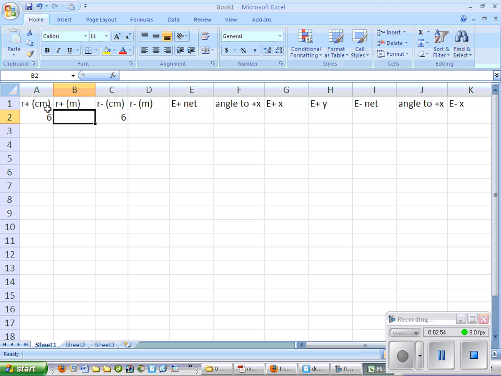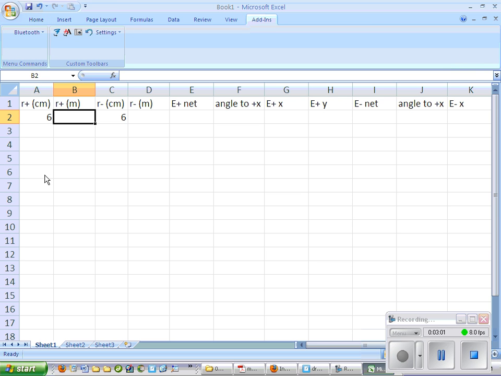Now to scale that to meters representing the size of an atom, I'm going to say 1 times 10 to the negative 10th meters represents 11.75 centimeters. How many meters will be represented by 6 centimeters, so by point A away from the charge? To solve this, I'm going to multiply both sides by 6.